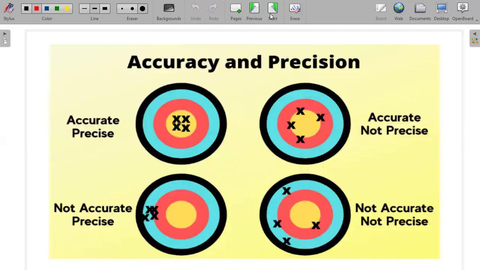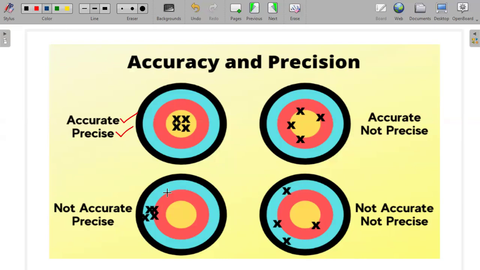I've represented these on this diagram. You can see here, the target is that yellow spot inside there. Here we're hitting on the target and they are very close to each other, so these ones are both accurate and precise. The accuracy and the precision are both high.